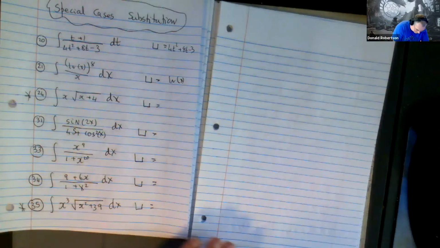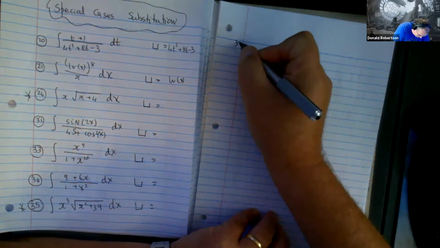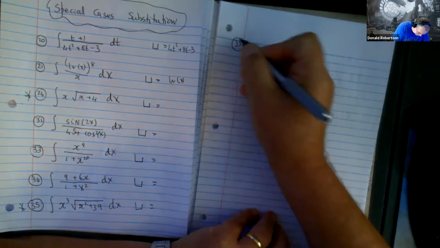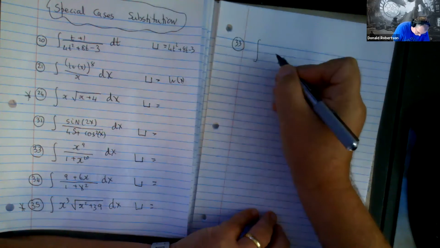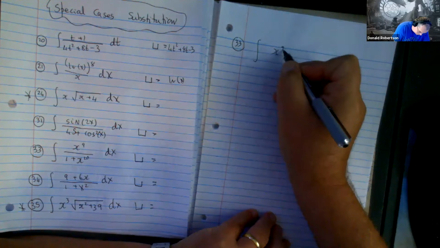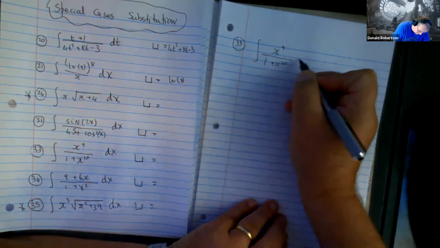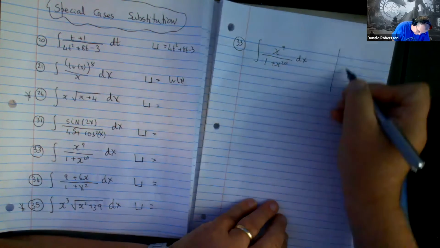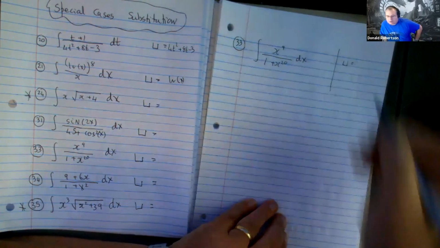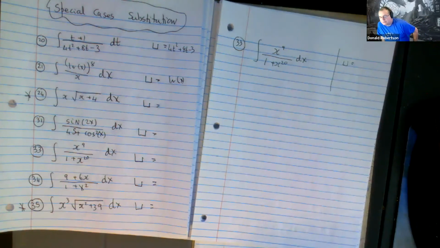Next fella, another special case. Let me start. 99% of the time, wouldn't the correct u sub be 1 plus x to the power of 20?